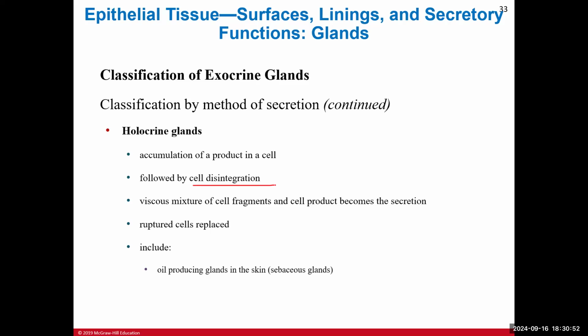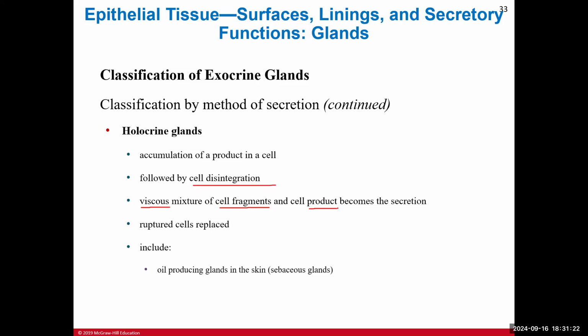But again, now you're going to get even more of the composition of the cell in the secretions. So these types of glands, their secretions are going to be a little bit thicker, or what we call more viscous, because of all the stuff that's in there. Yes, we have the cell fragments because the cells decide to blow themselves up, but also those cells were making something, and so we'll have the cell product, and then we'll have the cell fragments, thus giving us a thicker secretion there.